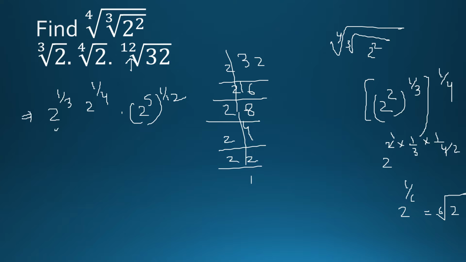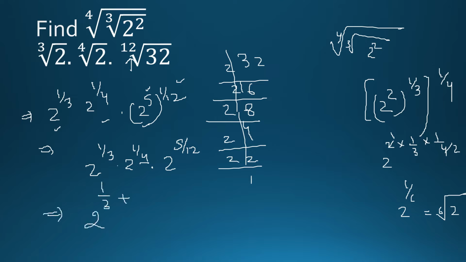Now you can see all of them. Okay, simplify it a bit more. 2 raised to power 1 by 3 into 2 raised to power 1 by 4 into 2 raised to power 5 by 12. Correct? Because power raised to power gets multiplied. So now you have base same, so power will be added in multiplication. Yes or no?